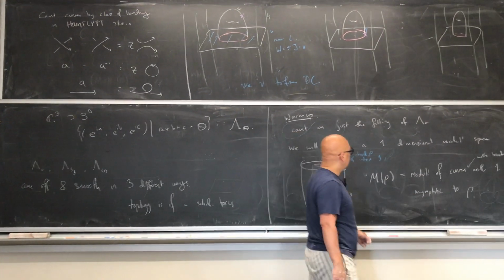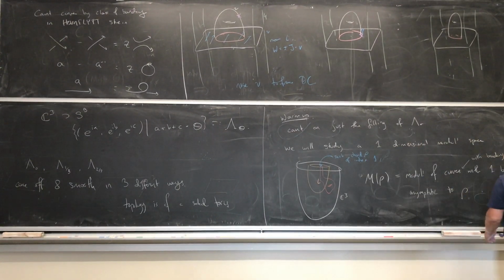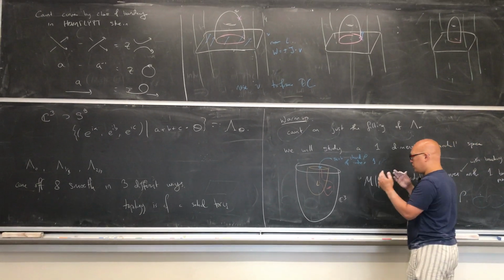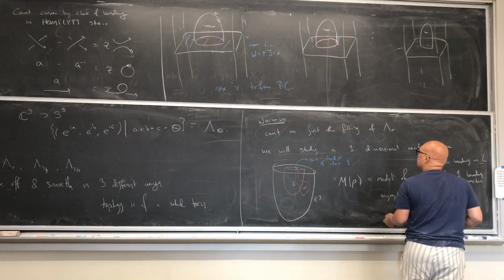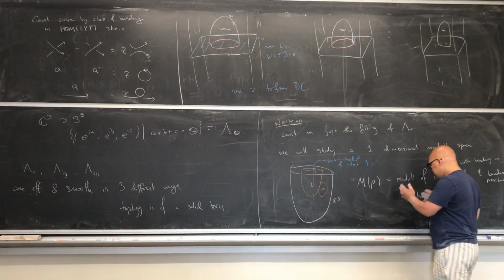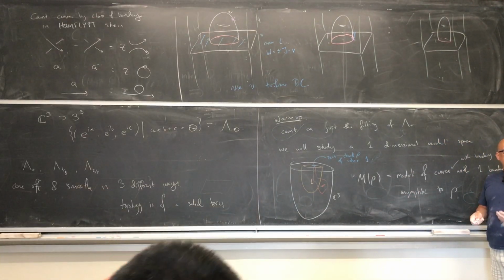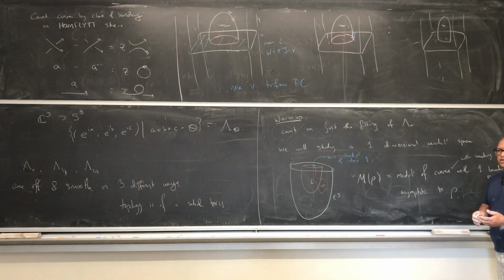Okay, so where are we? Anyway, there's this Reeb chord. You can count curves asymptotic to it, and that's some moduli space. The way you learn something from a one-dimensional moduli space is you study its boundary.